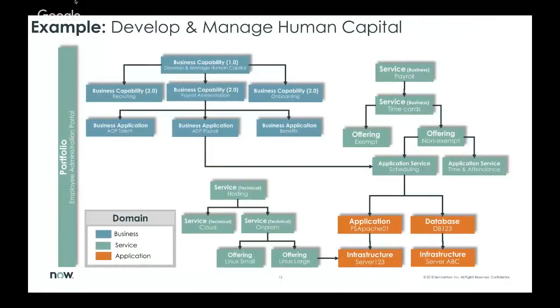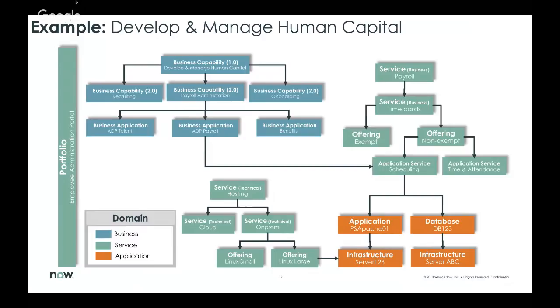So let's take a look at applying some of the models. Here's the first example that I'd like to run through. So you can see that we've actually represented a hierarchy of business capability here. And the business capability is typically described in the context of performing specific tasks to achieve a business outcome. So in this example, you see we've got develop and manage human capital as the top level or the parent business capability.